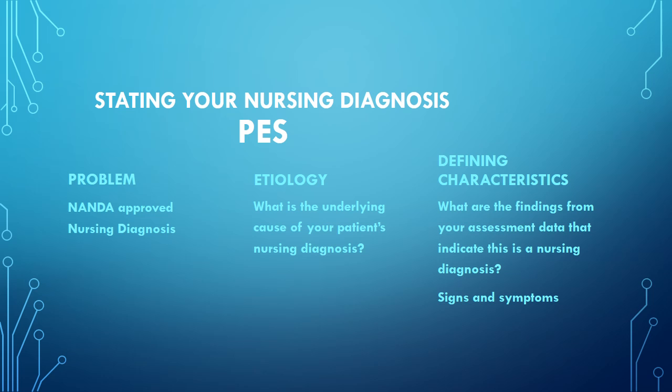So this nursing diagnosis handbook helps you with a number of things. It will state the problem correctly, the NANDA approved nursing diagnosis. It identifies many related factors that might be your etiology, and it is going to list defining characteristics of that problem.